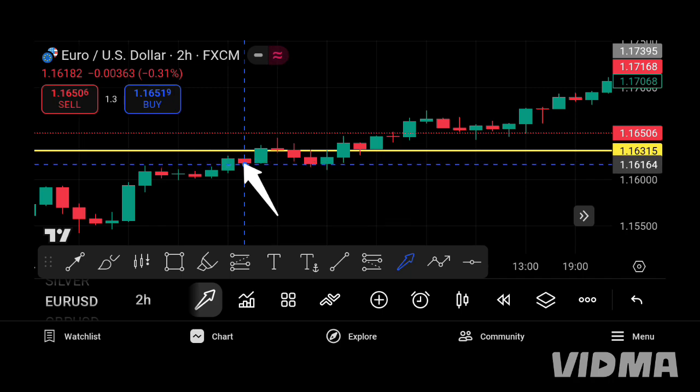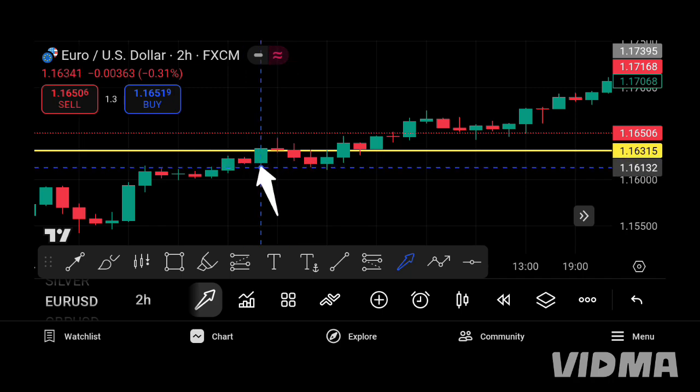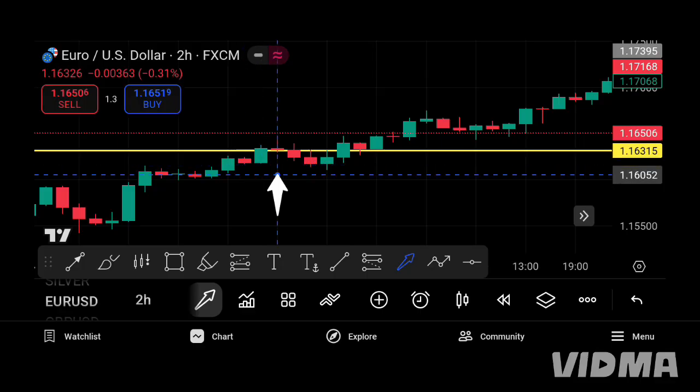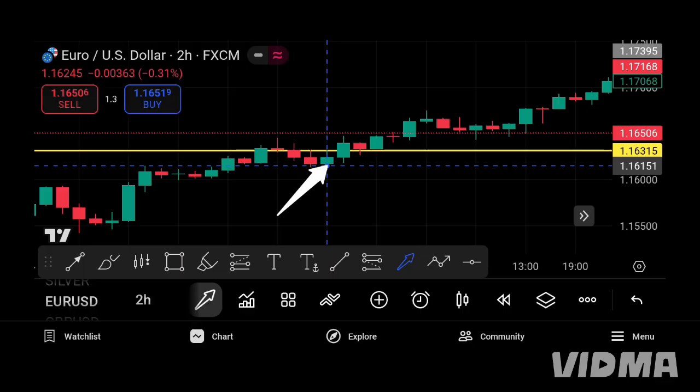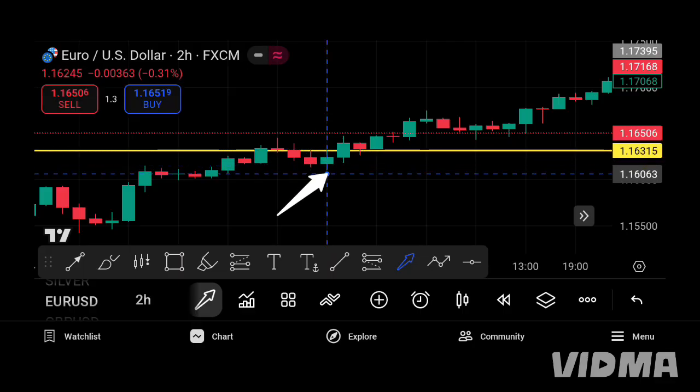It has swept liquidity from this candle and this candle. So we put our stop loss below and entry above it. Entry on the high and stop loss on its low.